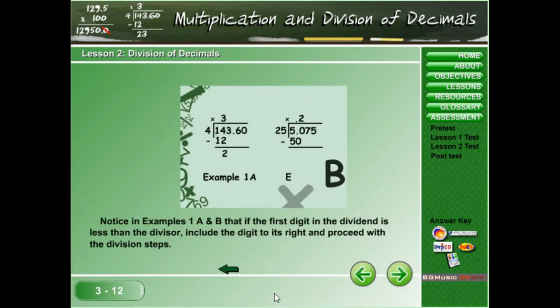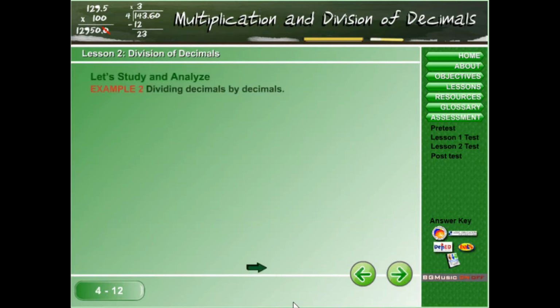Notice in examples 1a and b that if the first digit in the dividend is less than the divisor, include the digit to its right and proceed with the division steps. Example 1.